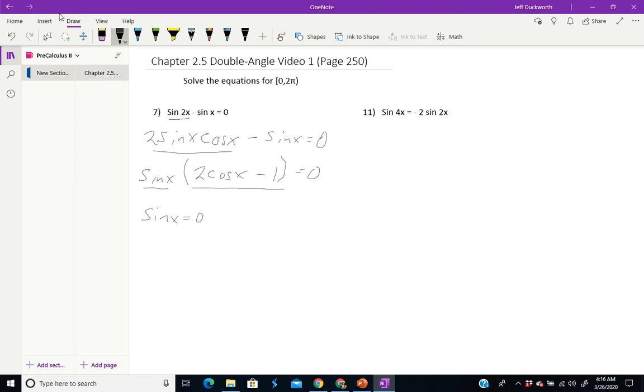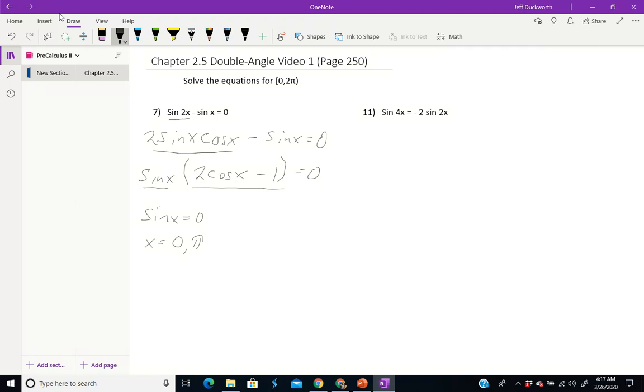So when does that happen in 0 to 2 pi? Well, the only times it's going to equal 0 is at 0, pi, 2 pi, 3 pi, and so forth. We don't need the 2 pi, so this means that x has to either equal 0 or pi, and both of them will work.